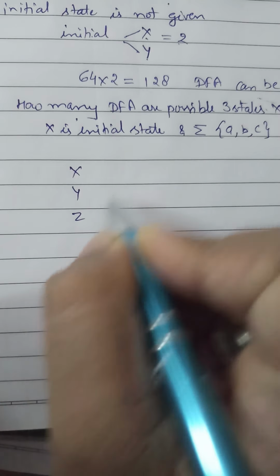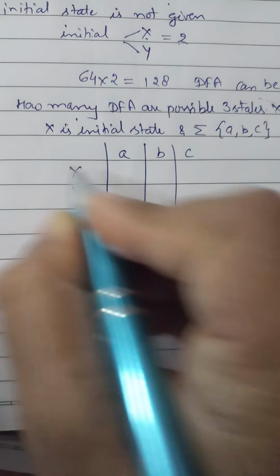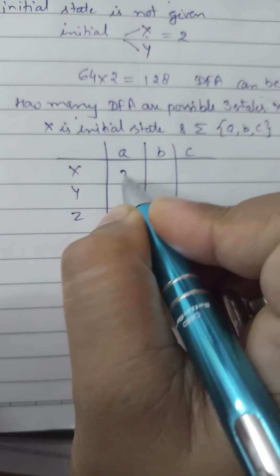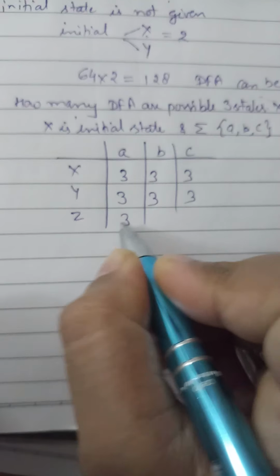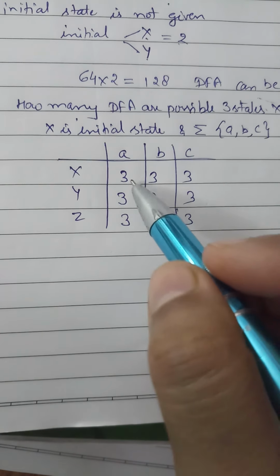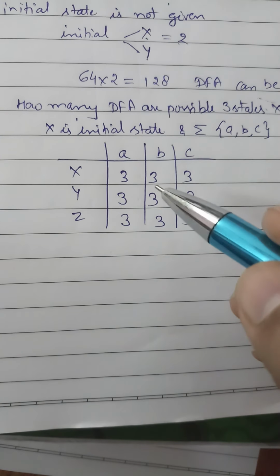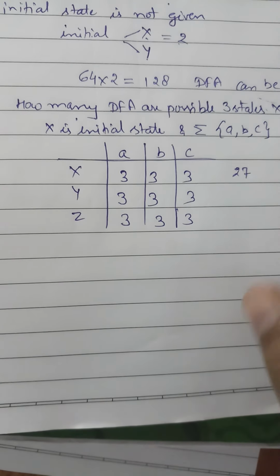X, Y, Z, A, B, C. How many choices do we have? 3, 3, 3, 3, 3, 3, 3, 3, 3. Because we have three alphabets with three states, that's why for each we have 3 choices. So total 27.